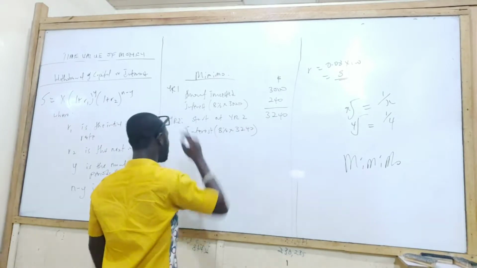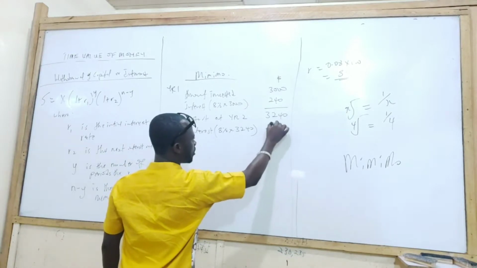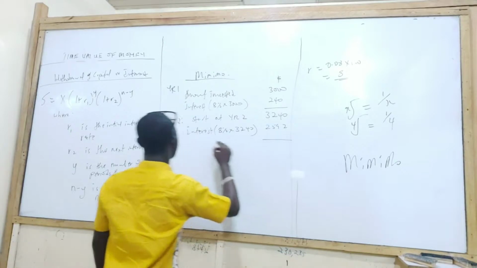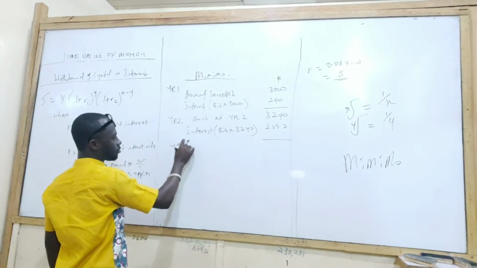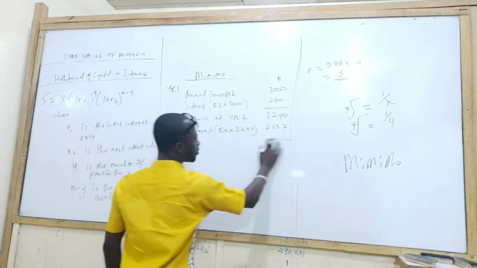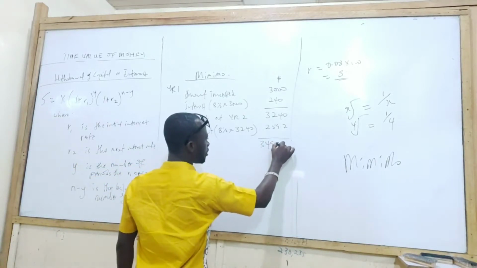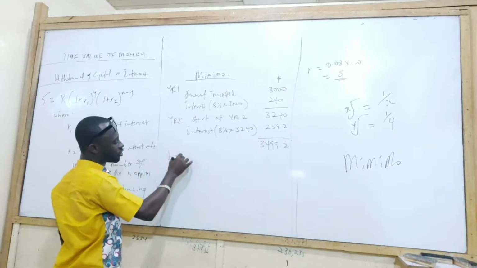What do we have? 259.2. So the total is 3,499.2. But at the end of year 2, Mimimo withdraws.